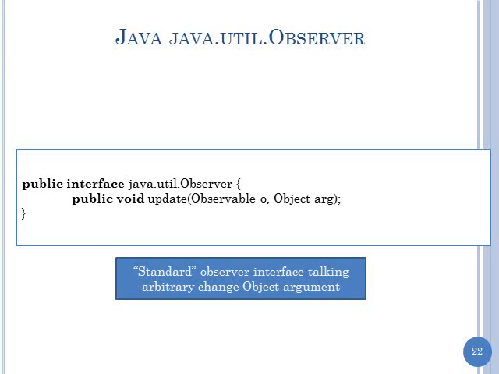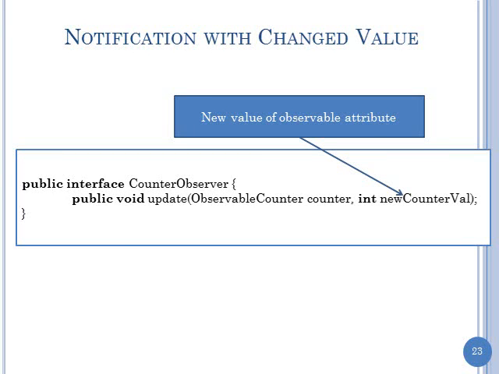In fact, there is something in the Java.util library package. There is exactly an observer interface which has these arguments. The observable is a class that Java defines, just like our observable, and that is which counter changed, and this is by how much it changed, or what it changed.